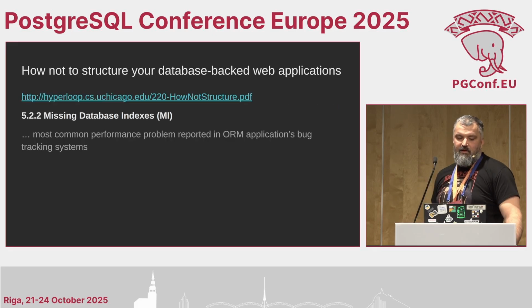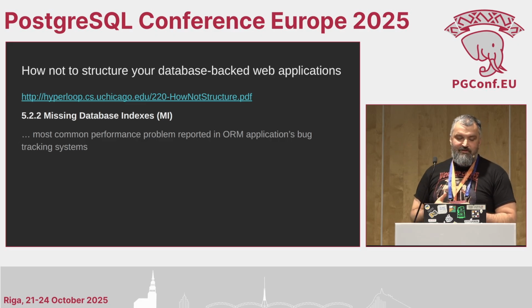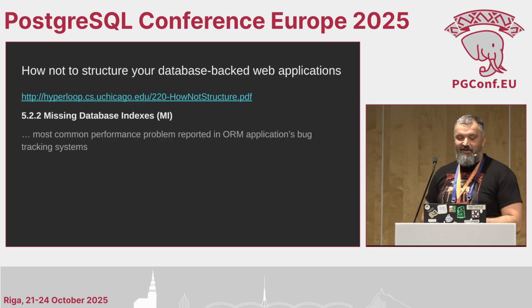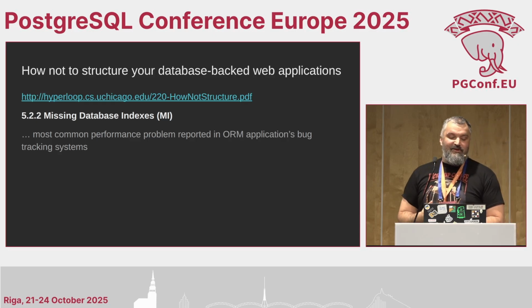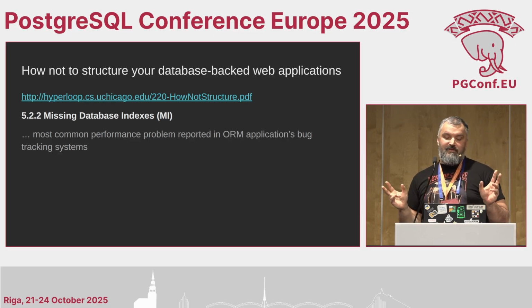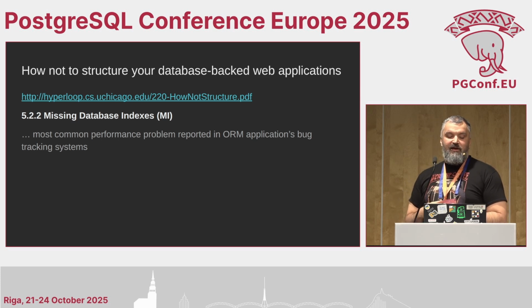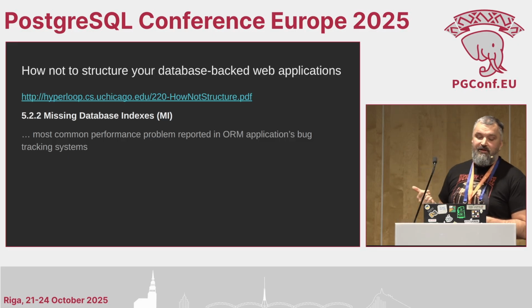And quickly, why I'm talking about this: there's a study that came out and it conveniently supports my point. They investigated what the typical issues are with these Ruby on Rails and Django applications, and missing database indexes came as number 1, scoring 30.